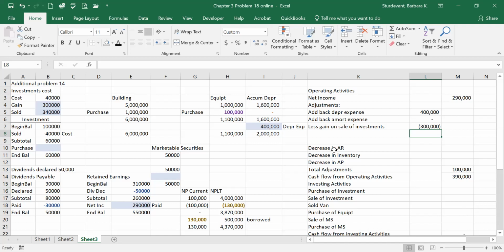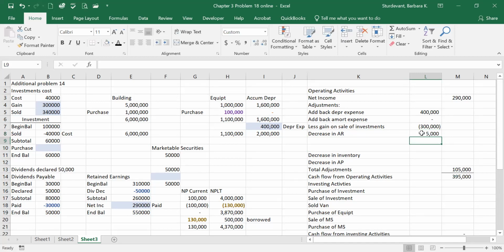Accounts receivable, what did it do? Accounts receivable went down by 5,000. Okay. So if I have a decrease in accounts receivable of 5,000, is that going to be plus or minus? Since it was a decrease and it's a current asset, it'll be an increase on the cash flow statement.